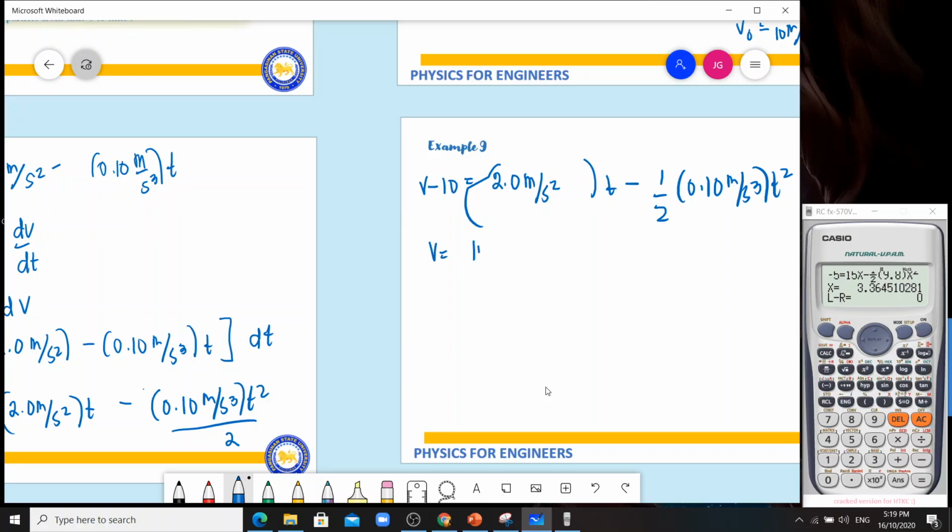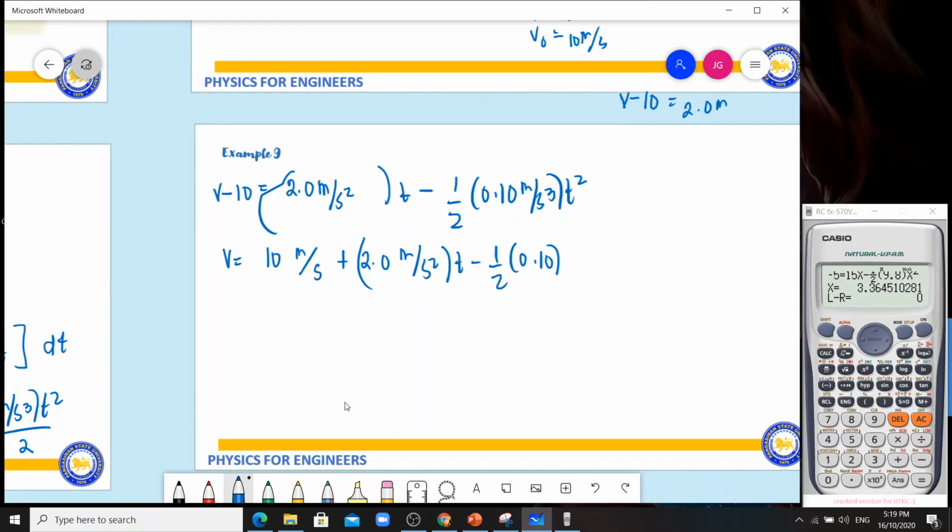V is equals to 10 meters per second plus 2.0 meters per second squared t minus 1/2 0.10 meter per second cube t squared. Okay. So, eto na yung function ng Vx na hinahanap. Ngayon, ano pang hinahanap?